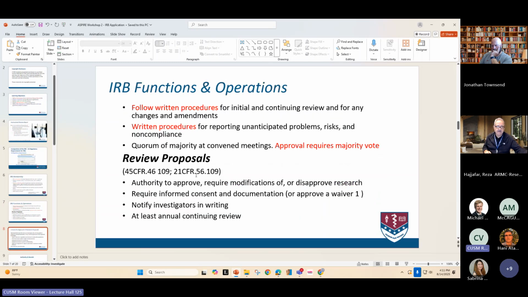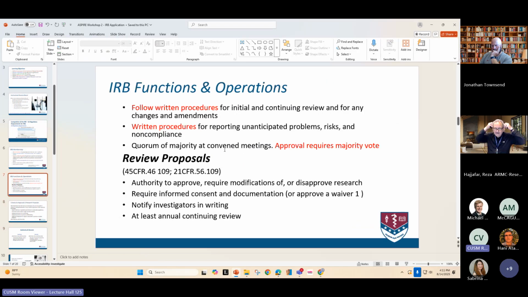All right, let's keep going. The IRB functions and operations follow written procedures. What you'll find on the CUSM research webpage, and I'll give you some scans in the forthcoming slides, is that there are elements for written procedures that can be downloaded from that webpage.